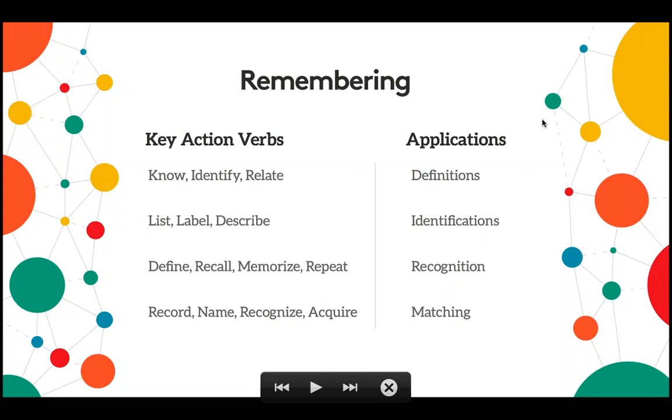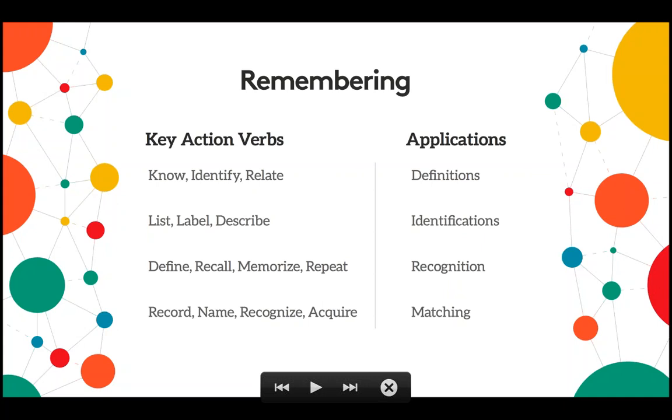So know definitions of these components of a computer. Then we get into listing, labeling, describing. So you can have various activities, such as a diagram of the human body where they have to go and label things. That would be an actionable criterion for some sort of anatomy-based course.